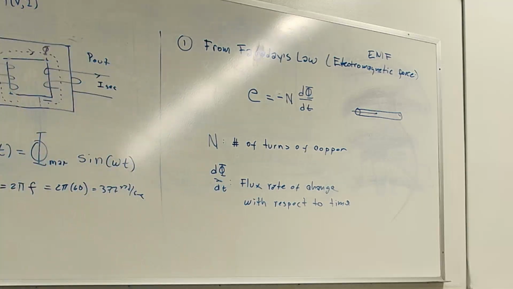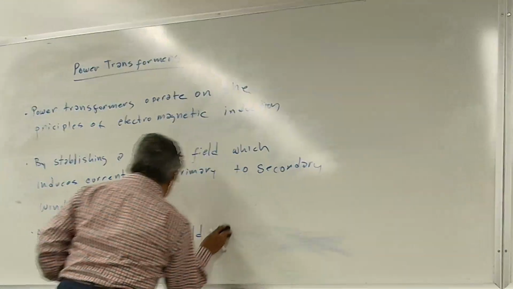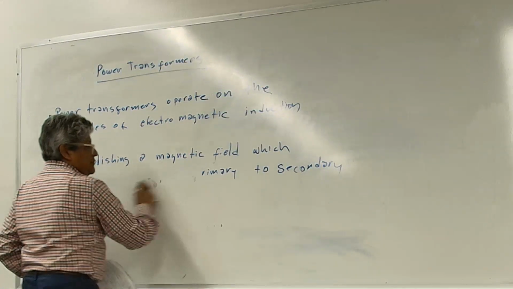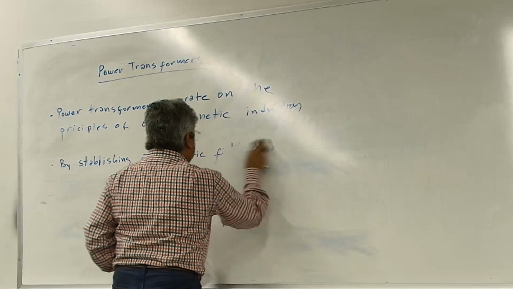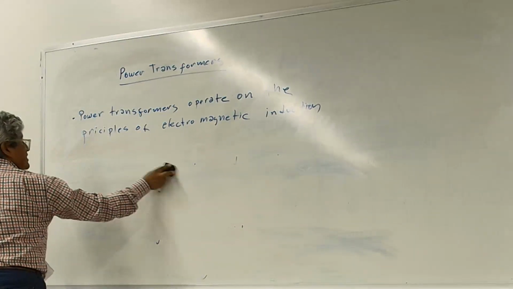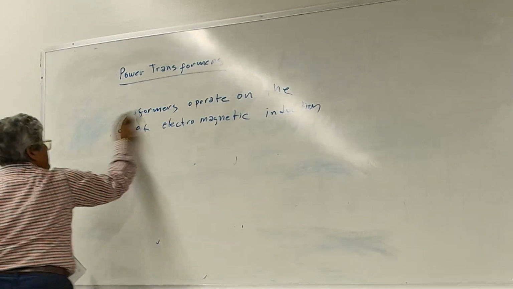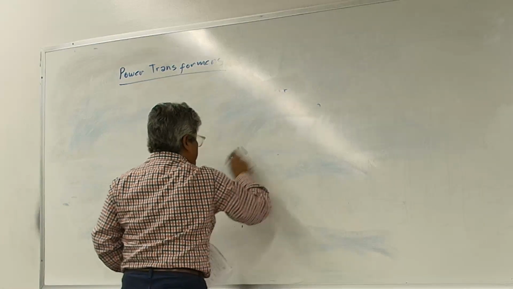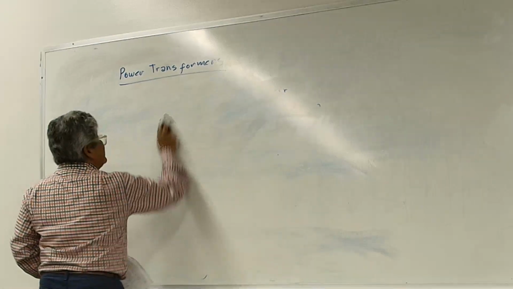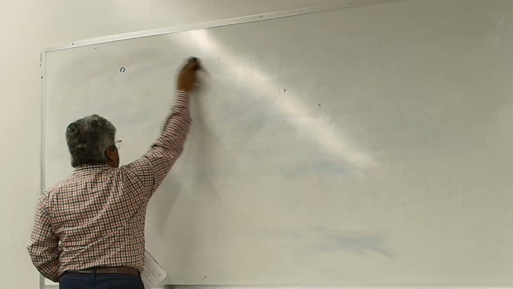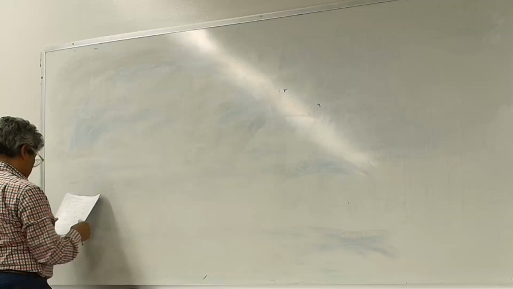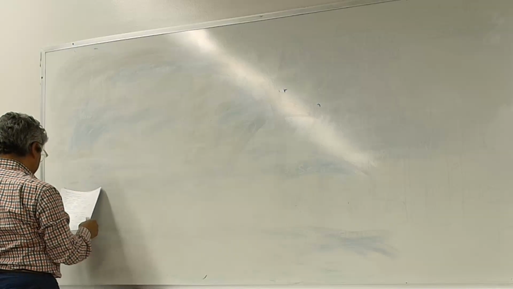Okay, so with that, we can say the following. The derivative of the flux with respect to time, remember the flux is a sinusoid, meaning it changes because here it's being established by a current and a voltage that are sinusoidal in nature.